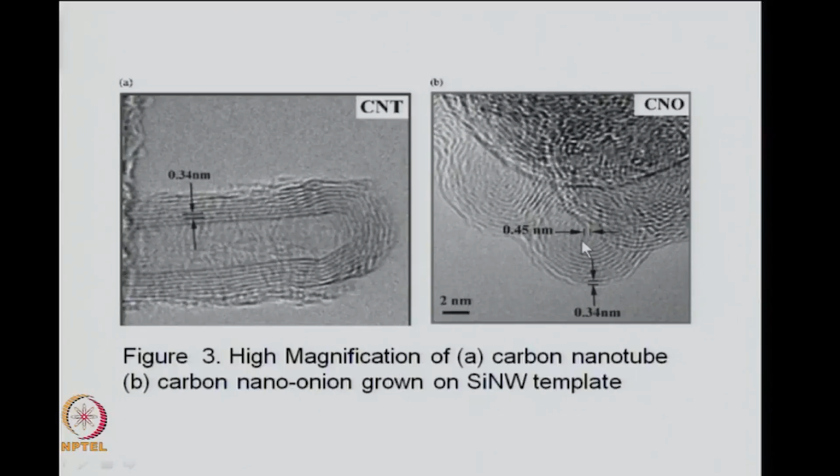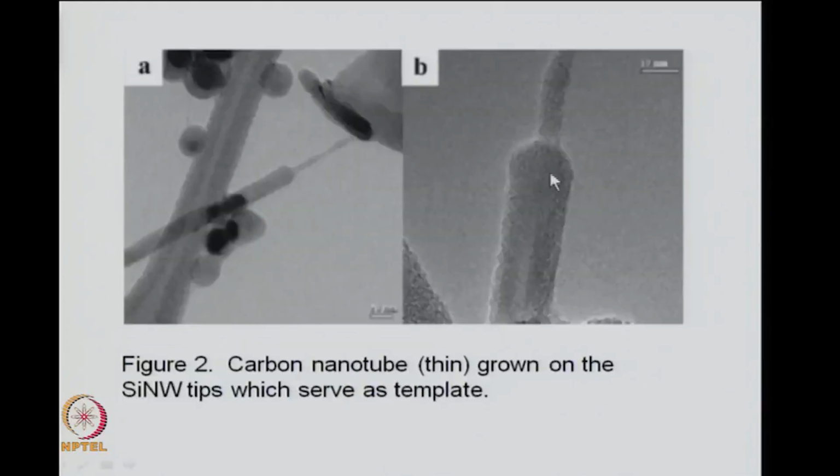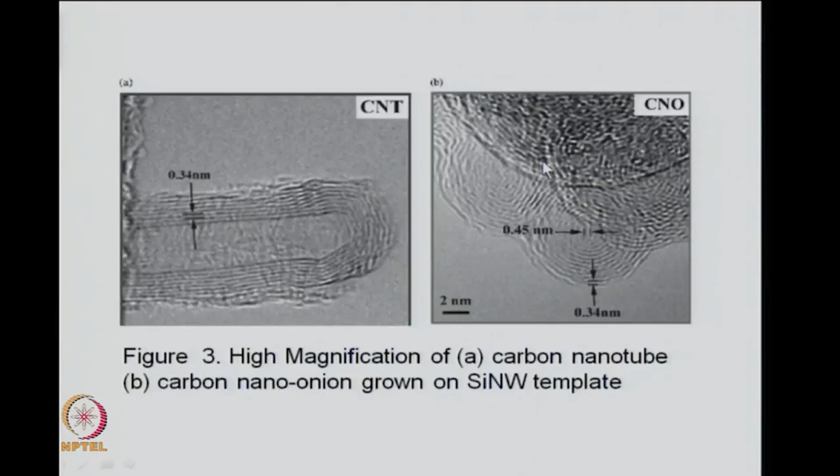It is nano because they are of the order of a few nanometers in diameter. So, this is 0.45 nanometers. So, around this whole thing may be around 10 nanometers or 8 nanometers, right. So, here we are seeing silicon nanowire, which earlier we showed where carbon nanotube is growing, and here we are showing silicon nanowire as a template. At the tip of that, carbon onions are growing.